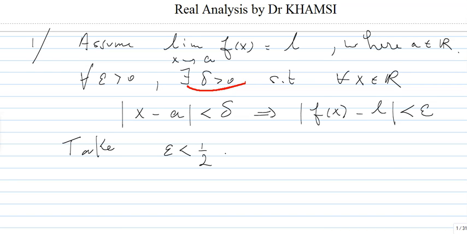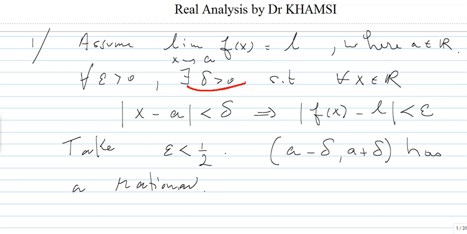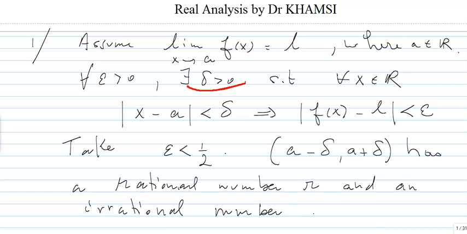And for this epsilon, with the delta that we have, consider now the interval a minus delta, a plus delta. This one we know has a rational number r and an irrational number i.